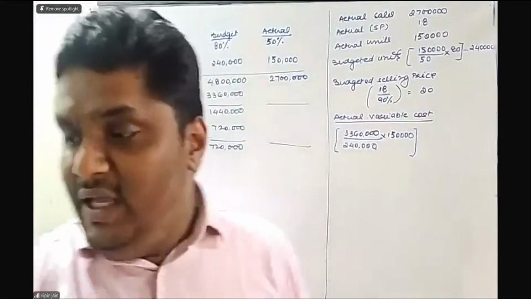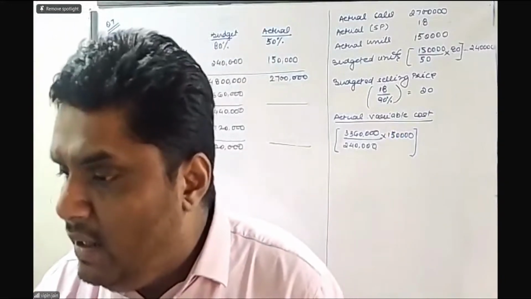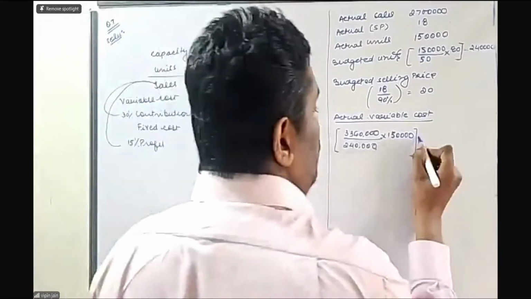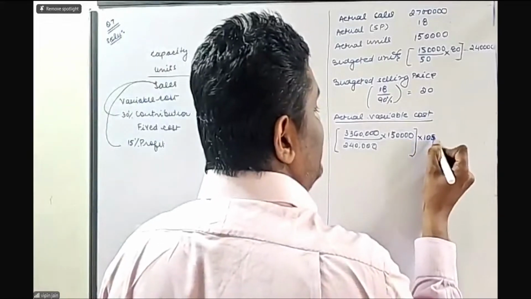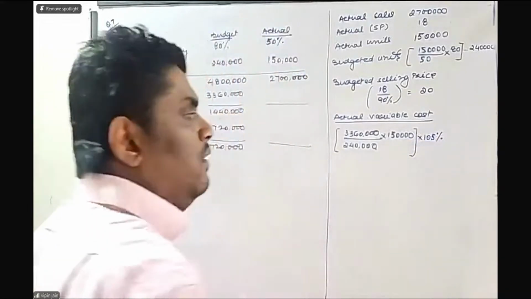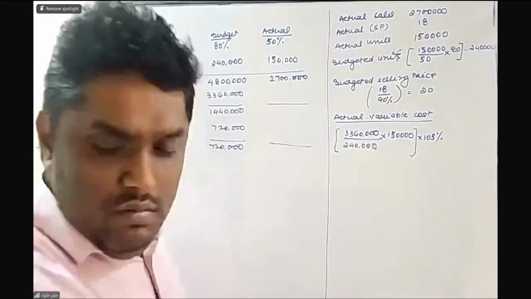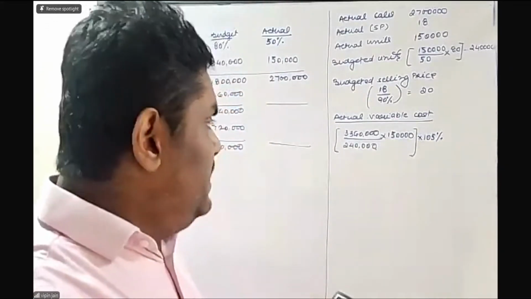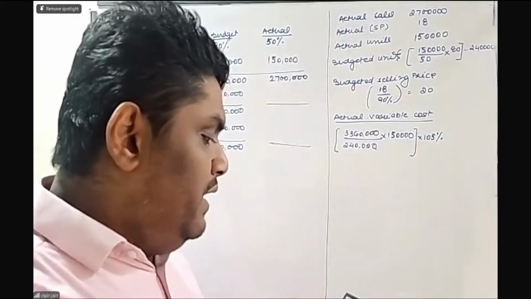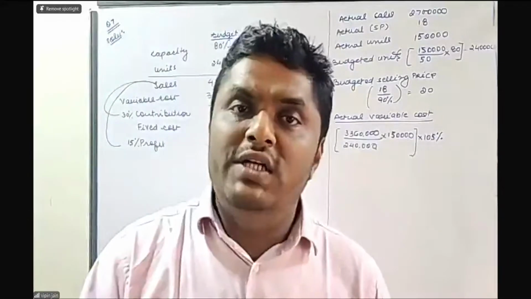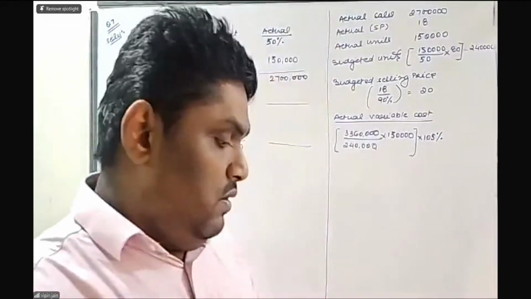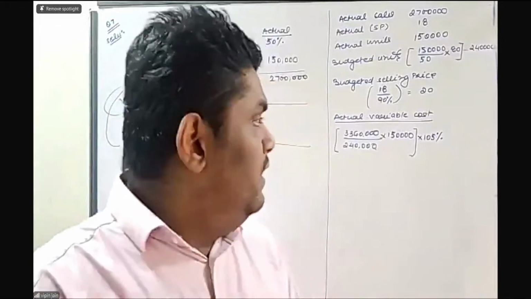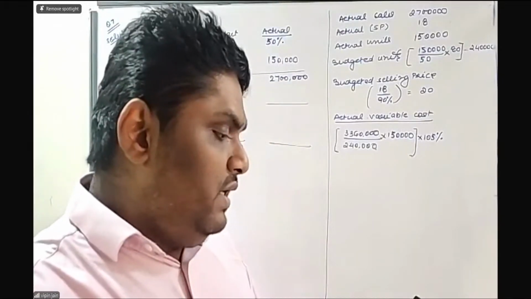Further, it is given that the variable cost has gone up by 5%. So we can say into 105%. 33,60,000 is for 2,40,000 units, so per unit variable cost is 14. We can directly add 5% in this 14 into 1,50,000.